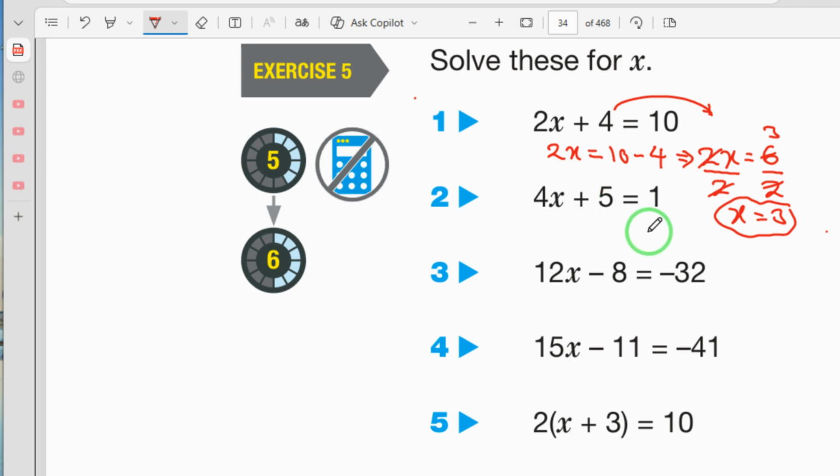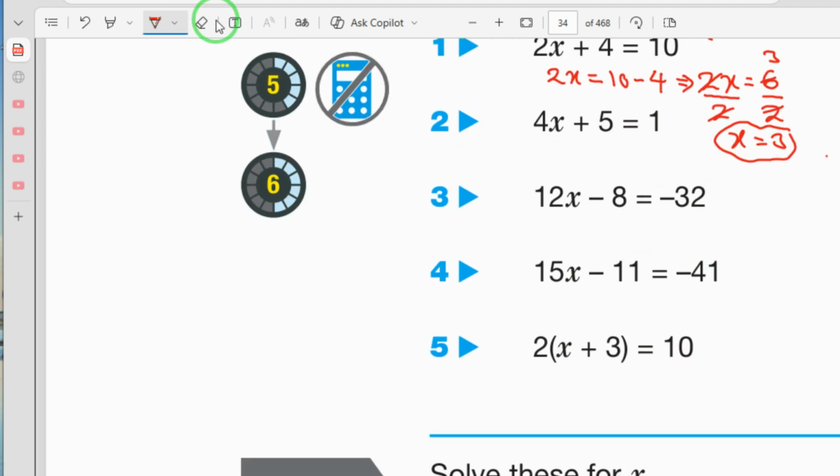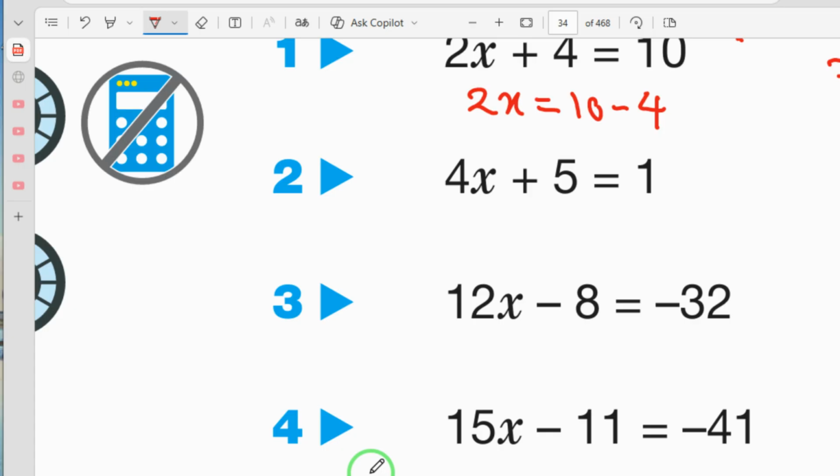Question number 2, so I erase this one. We write 4x here as itself equal to 1, and we carry 5 to the right side of the equation, and it becomes negative, minus 5. Then 4x is equal to 1 minus 5, which remains only minus 4.